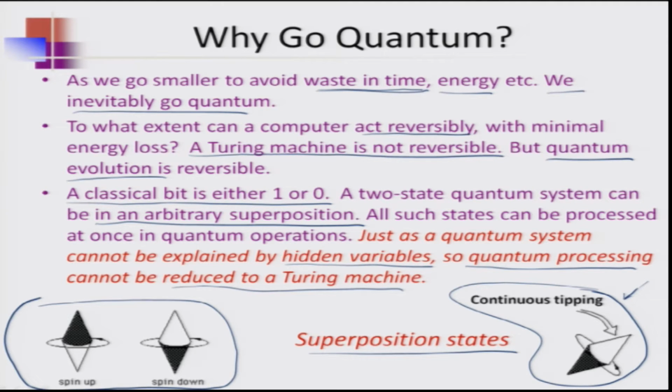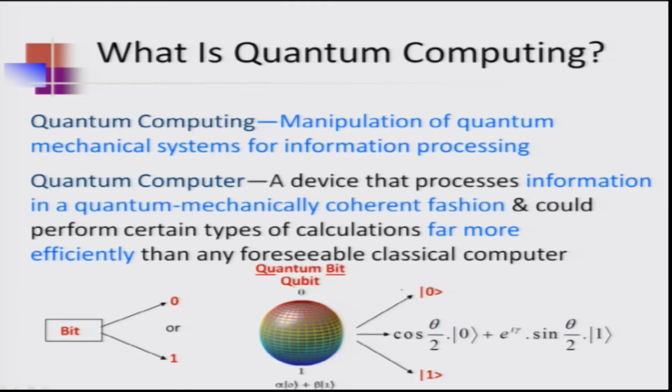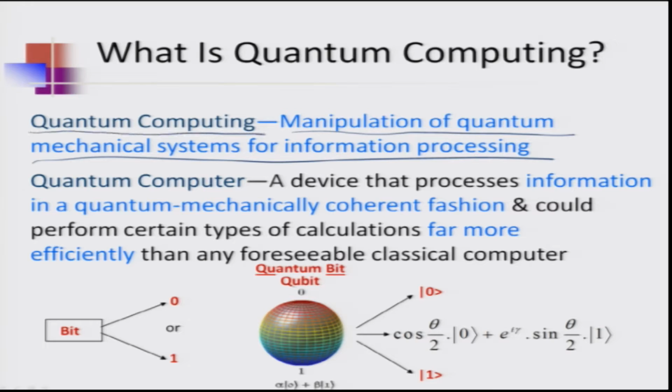But on the other hand, we will be discussing something called a quantum Turing machine, which will be an analog to the world of computers that we know. Okay. So, the definition of quantum computing which we will use is manipulation of quantum mechanical systems for information processing. There are two terms here. Let us be clear, one is quantum computing and the other one is quantum computer. Please remember, they are not the same thing.